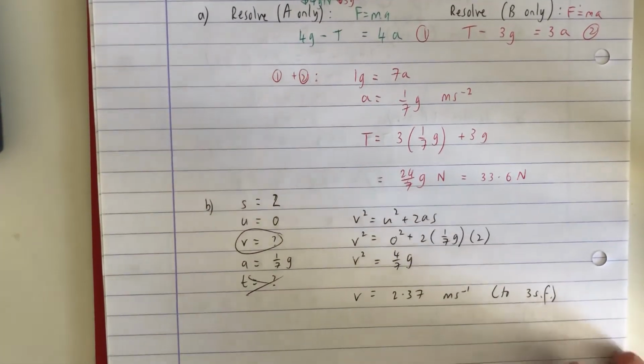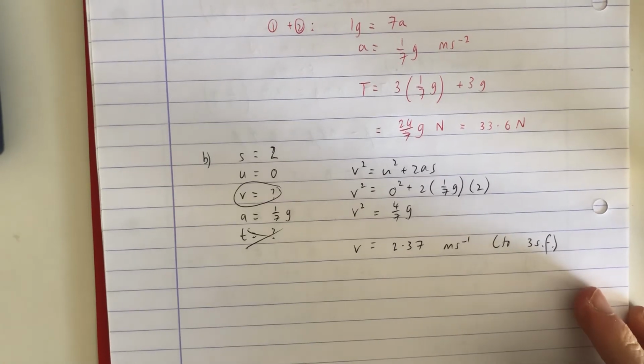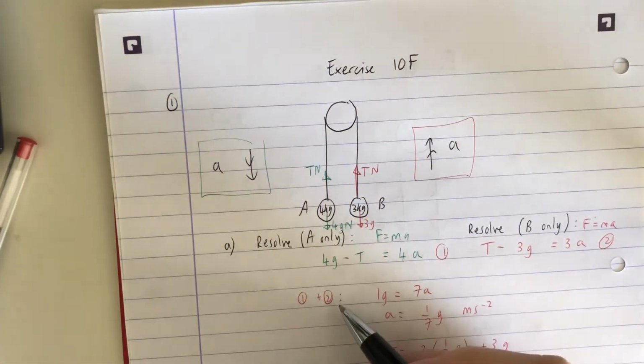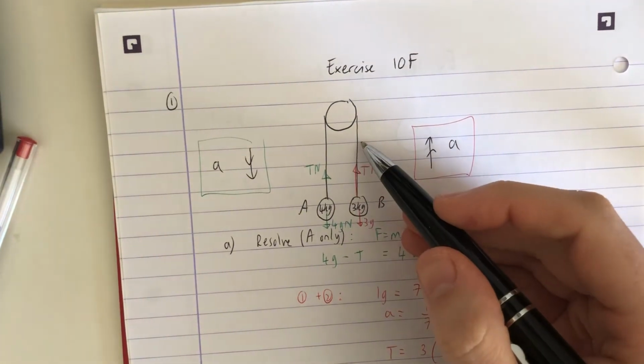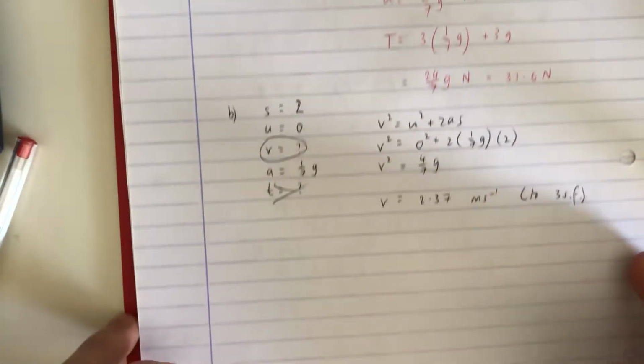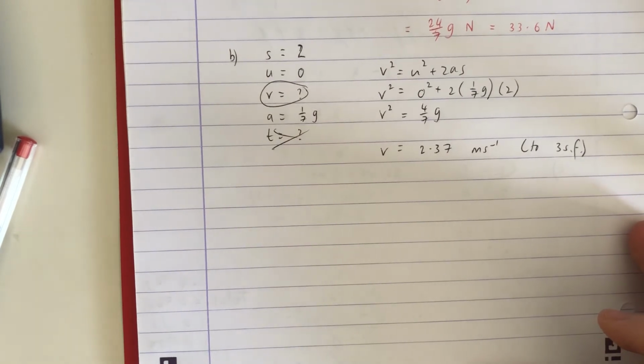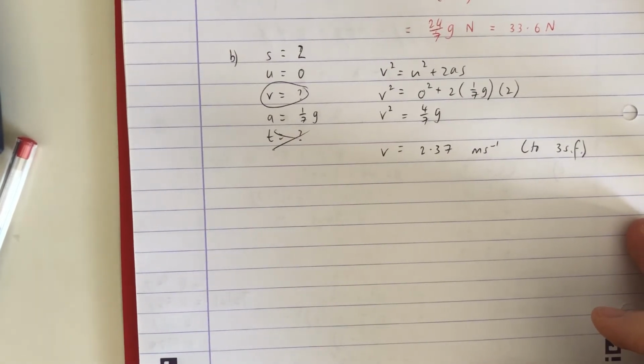Part C, assuming that B does not hit the pulley. So if you look at this diagram, A is going to fall 2 meters, B would have to be pulled up 2 meters, but it's not going to hit the pulley. Find the greatest height that B reaches above its initial position.